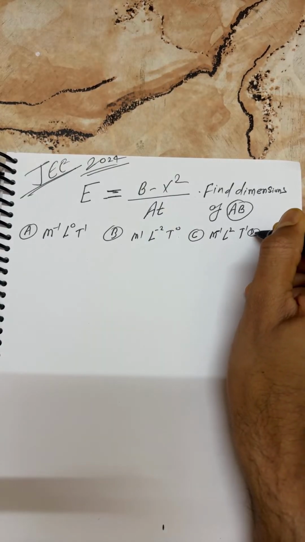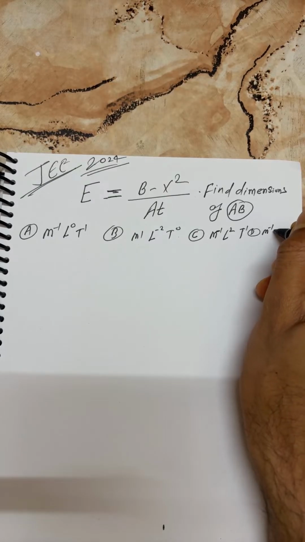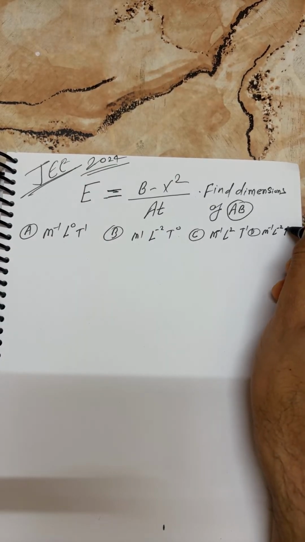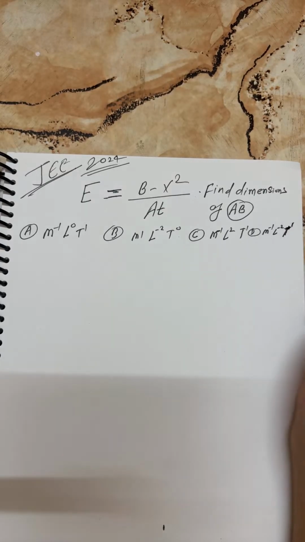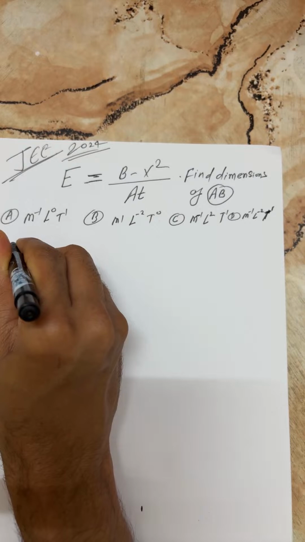Fourth: M to the power minus 1, L to the power minus 2, T to the power 1. This is the condition here, right? So we have to solve here. Have a look at the solution.